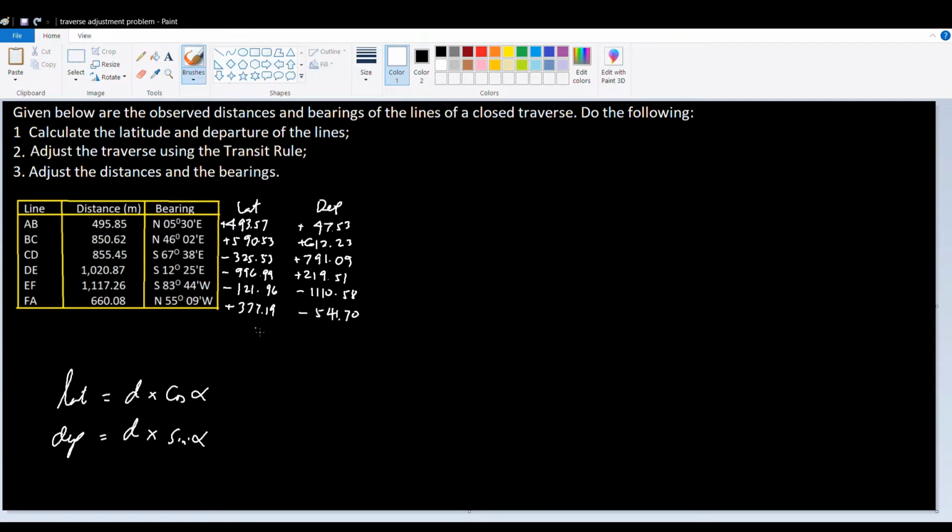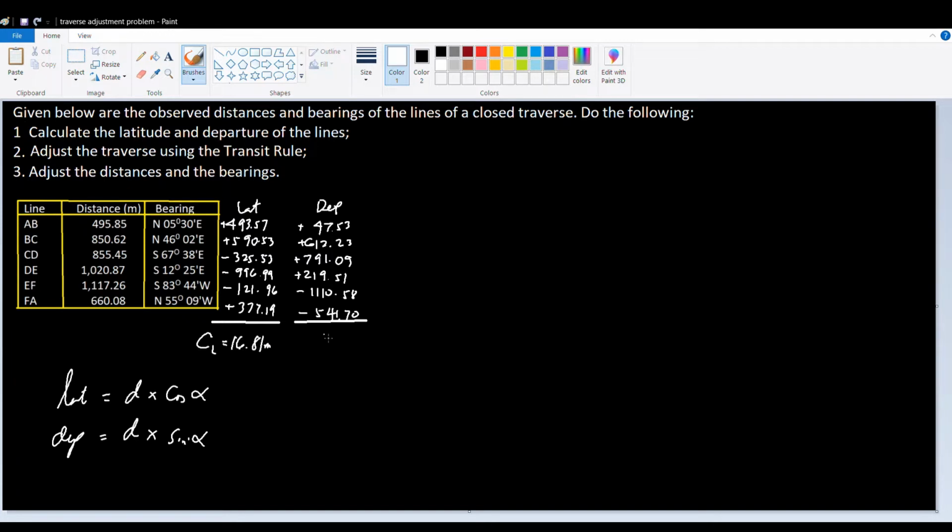So from this, we have calculated it earlier, the summation of the latitudes with due consideration to the signs will give us the total closure in latitude, or the misclosure in latitude, which is equal to 16.81 meters.